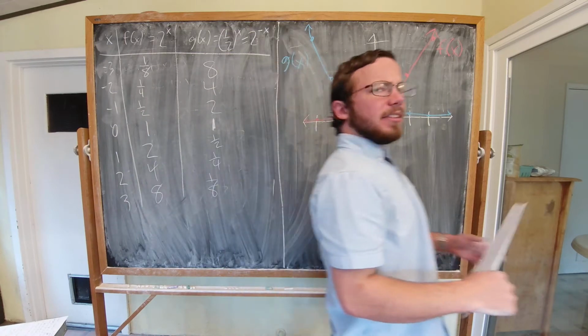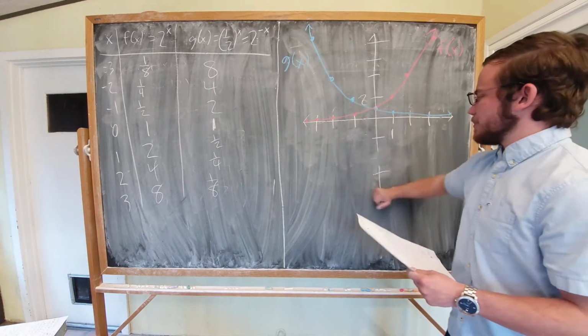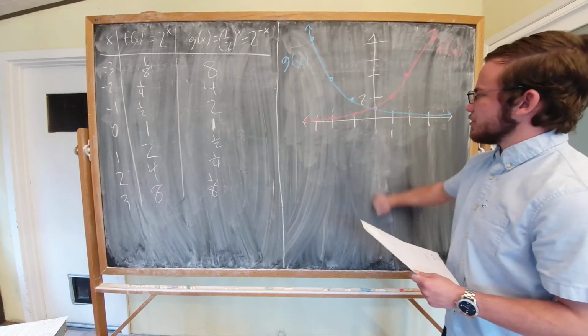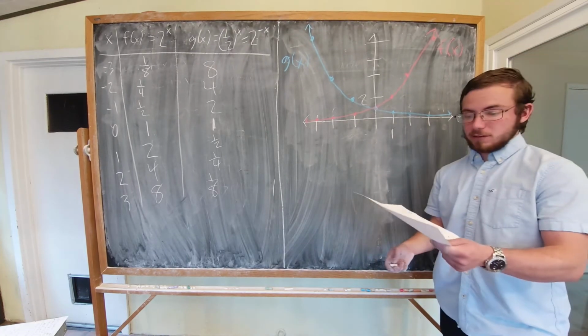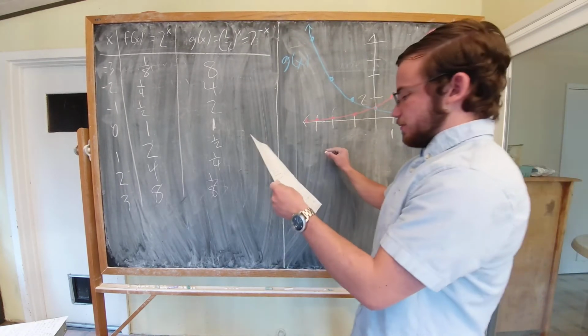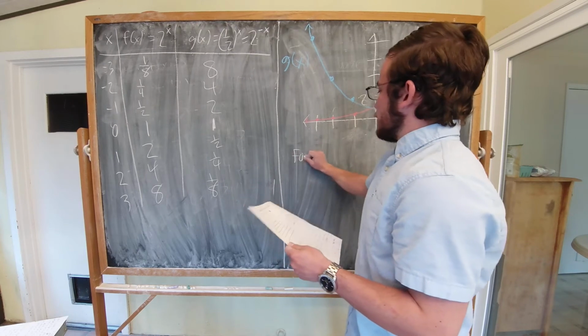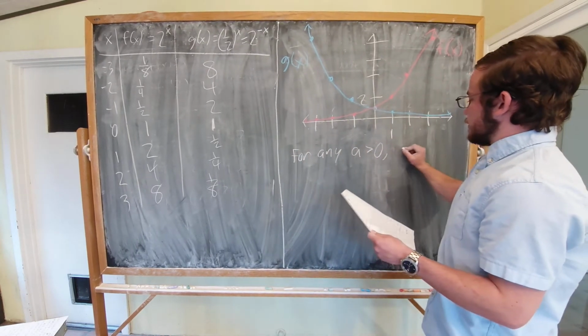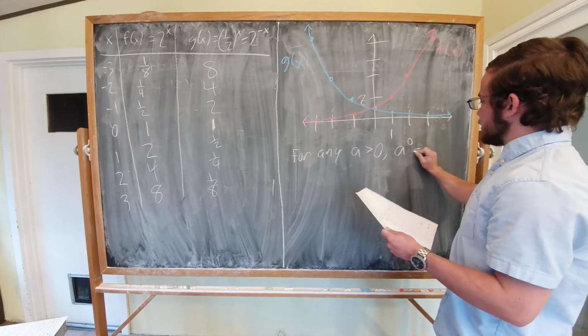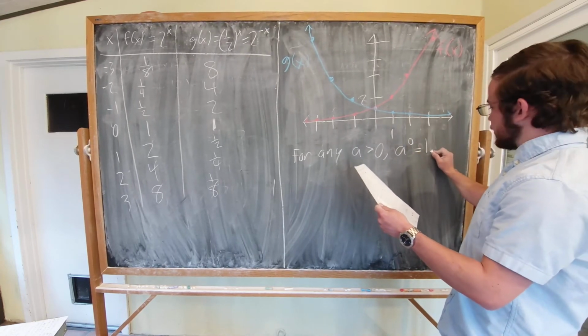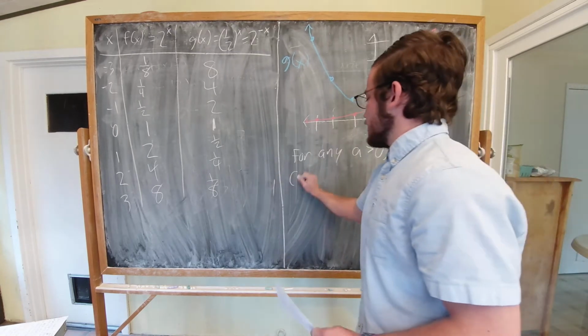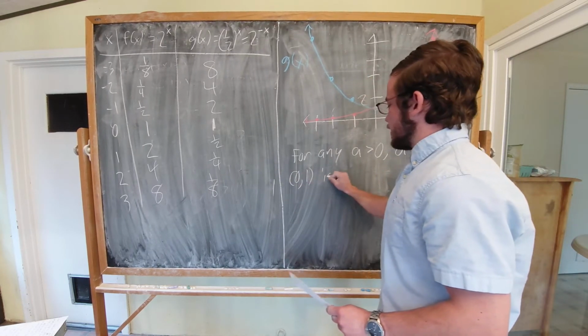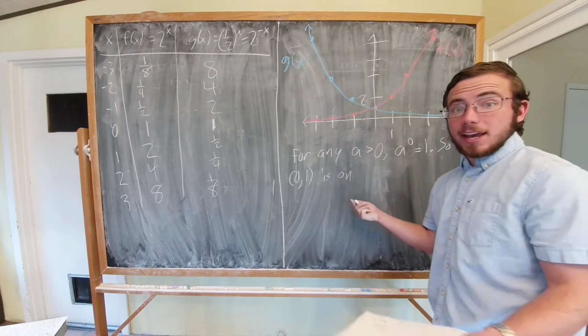Alright, so let's list out some basic properties of exponential functions. I'll erase down here since it wasn't really relevant for our graph. So, for any a greater than 0, a to the 0th is equal to 1. So the point 0, 1 is on the graph of any exponential function.